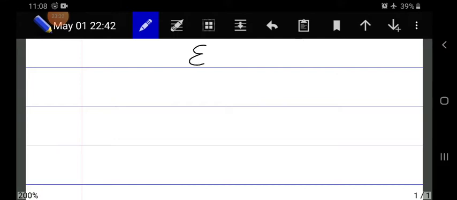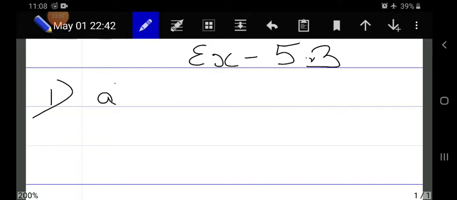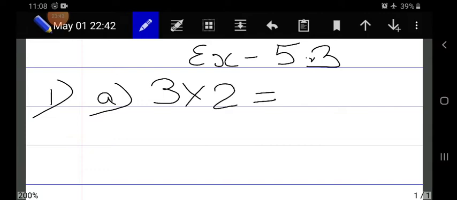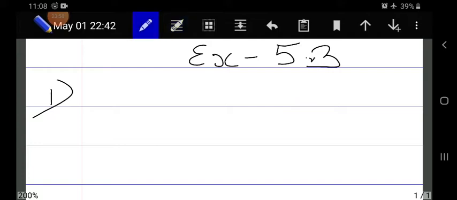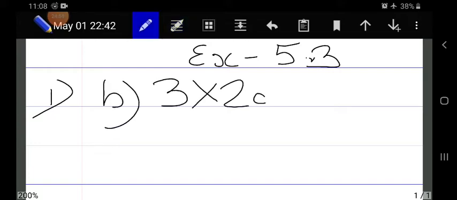Okay, exercise 5.3, first sum, A part, that is 3 multiply by 2. So 3 multiply by 2 will be 3 2s are 6. Okay, so this is the answer. Simple one. Okay, in B part it is 3 multiply by 20.